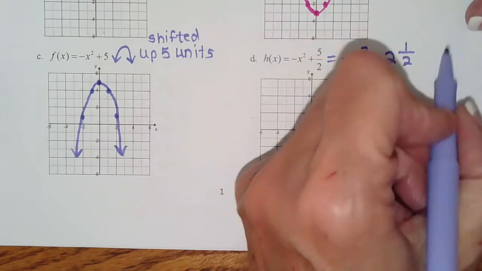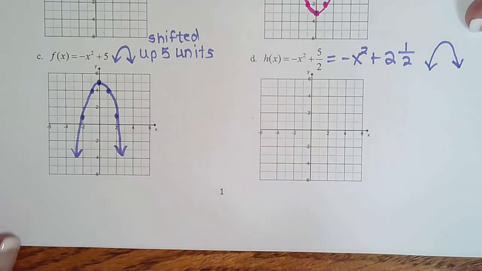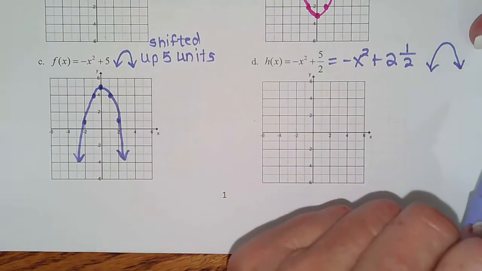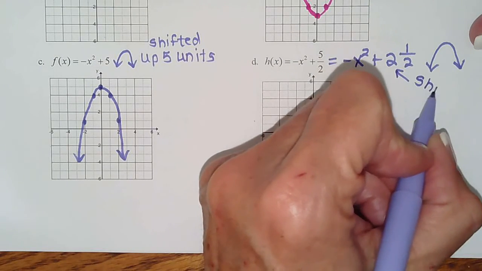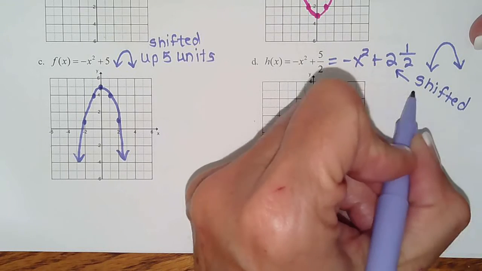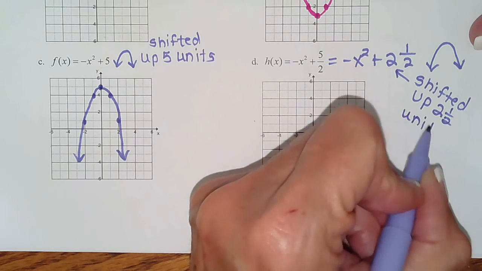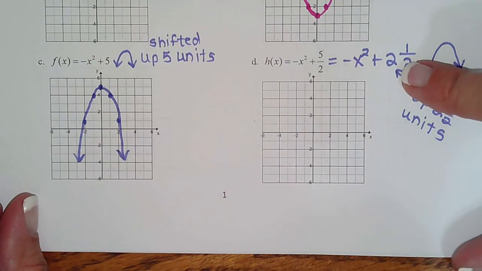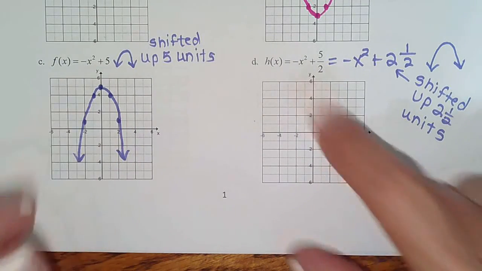So this again is a downward cupping parabola because of the negative in front, and it's shifted up 2.5 units. And we're going to learn about left and right shifting in a little bit. But this one is shifted up. So both of these were plus. So they were both shifted up and they're both upside down.